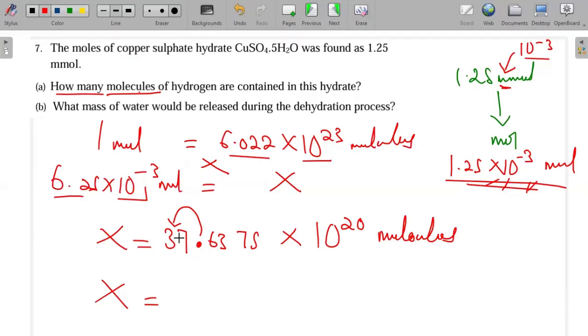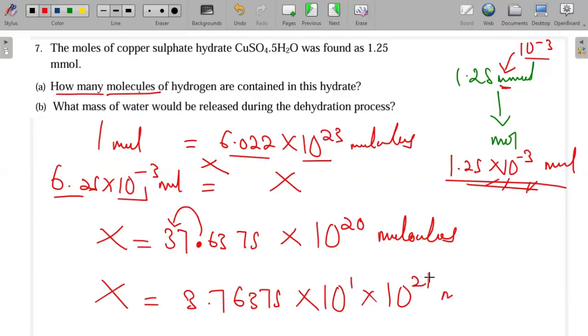So I bring this one over there, so it will be 3.76375 times 10. I've moved to the left one time, so I'm going to put power 1 multiplied by 10 to the power 21, and then 20, and then molecules.